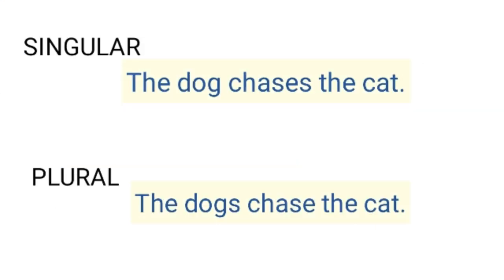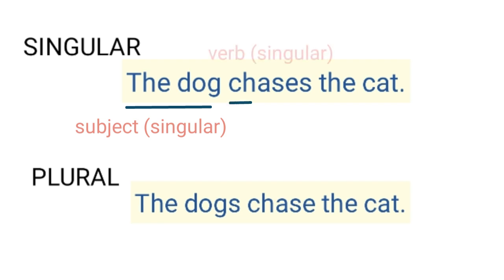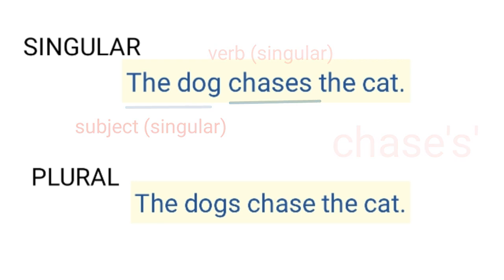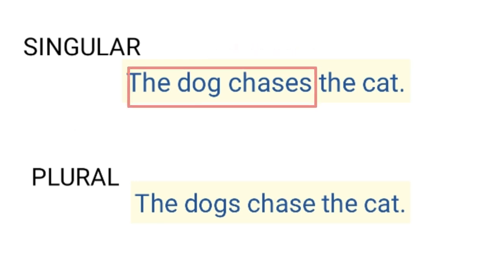The dog chases the cat. In this sentence, the dog, the noun, is singular, and we used a singular verb. The verb used in this sentence is chases, and note the point, we added s to the verb. Okay, so as the singular form of the noun is used, we added s in the verb.